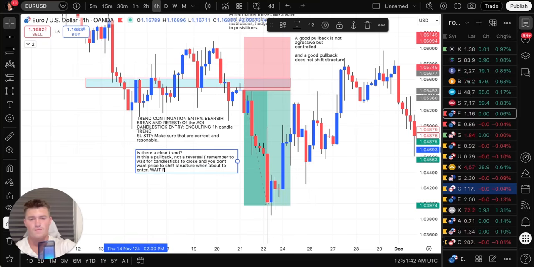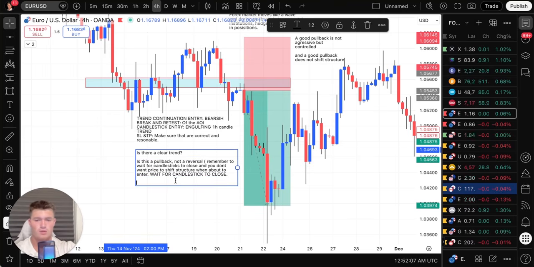Wait for candlestick to close. Am I at a key level? All that is an area of interest. Is my risk to reward, RR, at least a 1 to 2 RR?